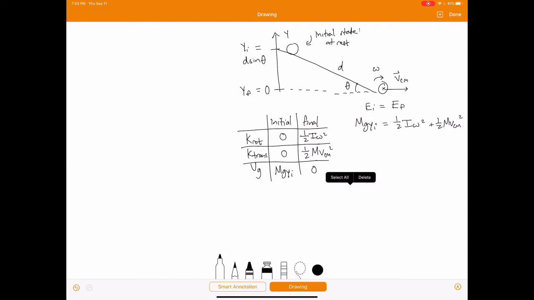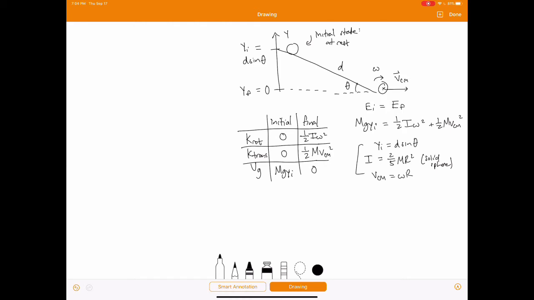Okay, well, a couple substitutions. Again, y initial is d sine theta. The moment of inertia I is equal to 2/5 mr squared, solid sphere. It's the shape we're dealing with. And then, of course, the no slip condition tells us that VCM is equal to omega times r. So we're going to use that as well.